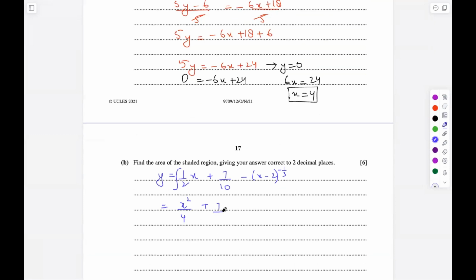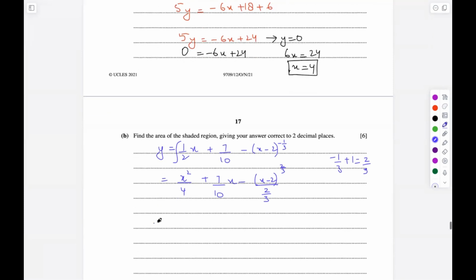This will become 7 upon 10 x. And now increasing the power by 1, minus 1 upon 3 plus 1 will become positive 2 upon 3, and we divide by the new power 2 upon 3. So this will be x squared upon 4 plus 7 upon 10 x minus 3 upon 2 into (x minus 2) to the power 2 upon 3.